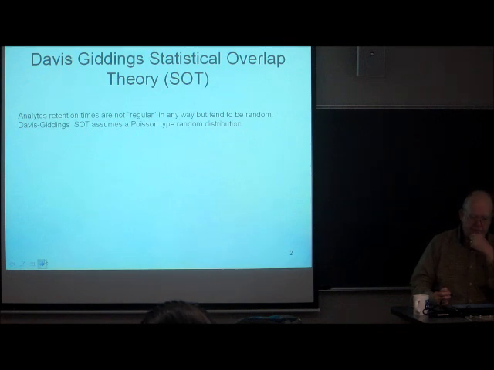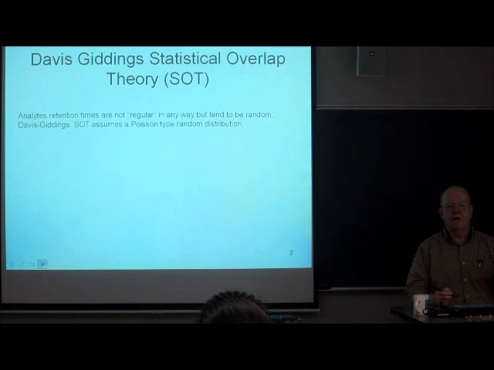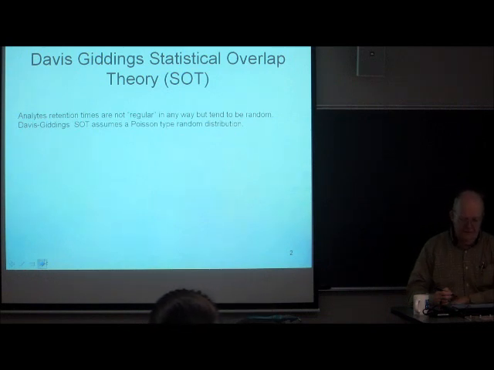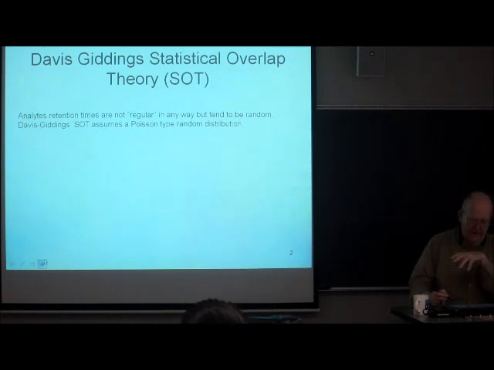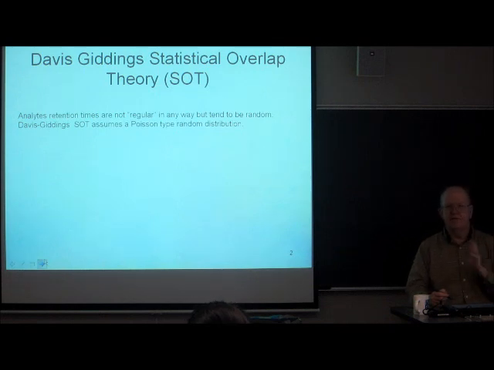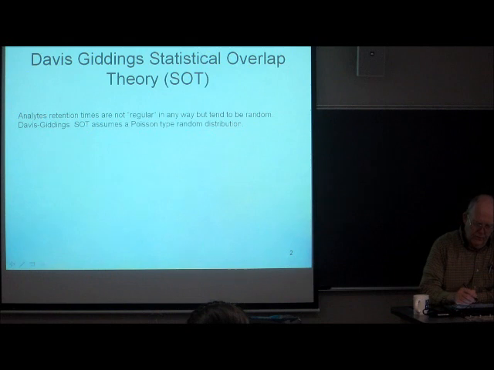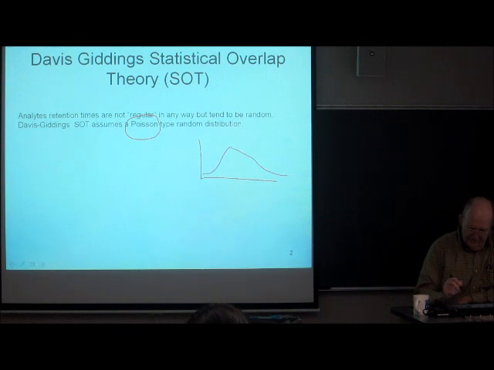What statistical overlap theory is all about is when the retention times are not regular, but are random with respect to one another. And in fact, Davis and Giddings believed that the correct kind of random distribution is what we call a Poisson type distribution. And that's a distribution that looks something like that.